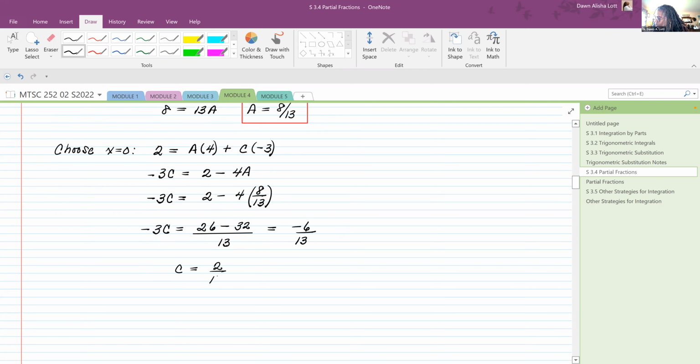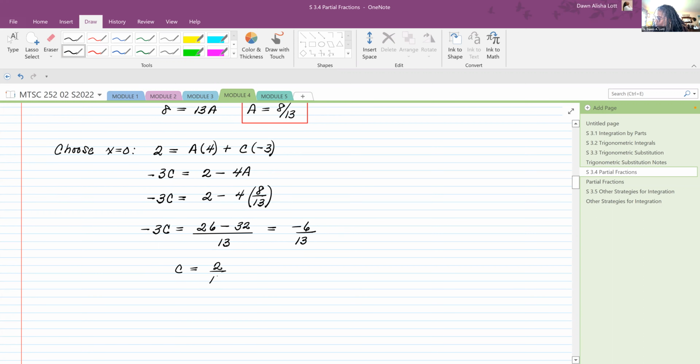So I get -2B is equal to 2 minus 5A, which is going to be 40/13, plus 4/13.